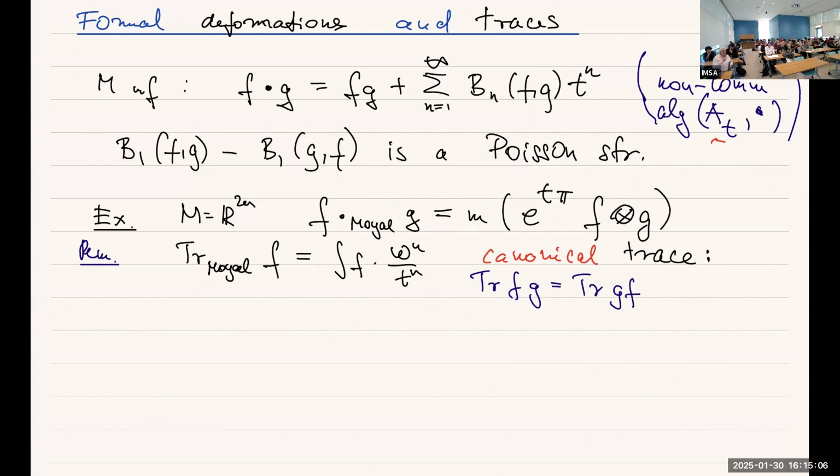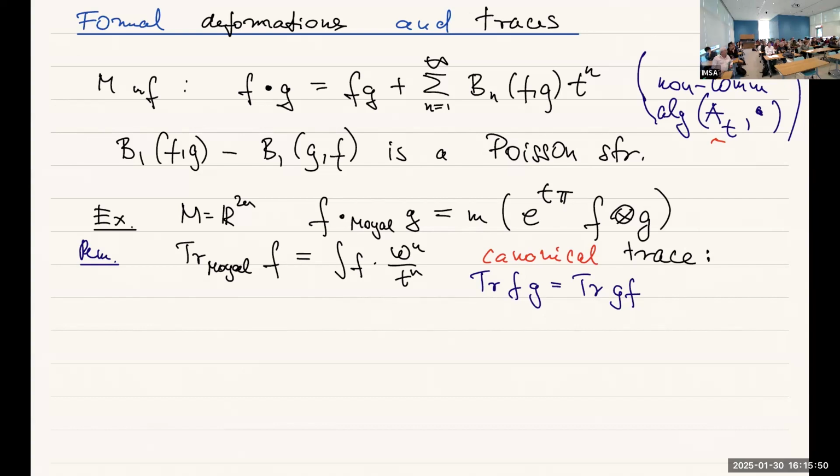Any trace you can multiply by a t-dependent constant. So there's lots of them. And in fact, I wrote somewhere later on the slide that for a symplectic manifold, there's a unique trace up to this normalization. But the normalization has an infinite number of constants, right? Any power series in t. So what's happening here is that this formula, at least for the Moyal product for now, fixes this normalization to be just the integral.